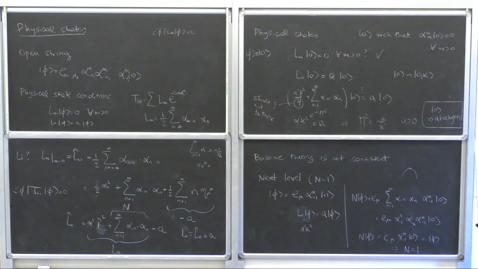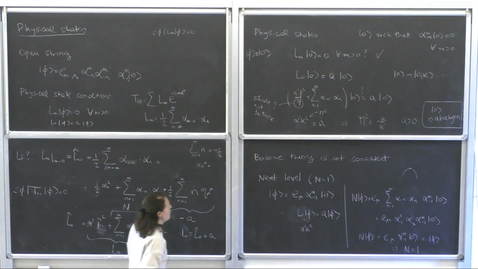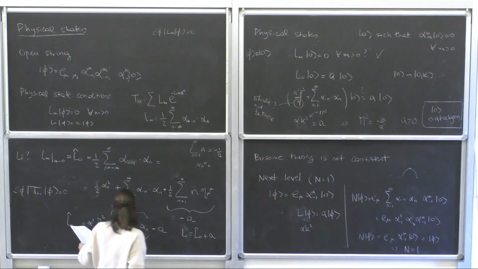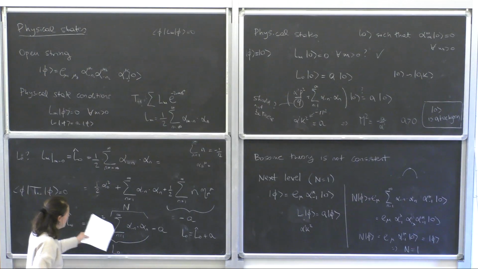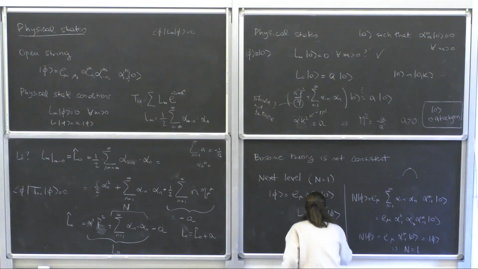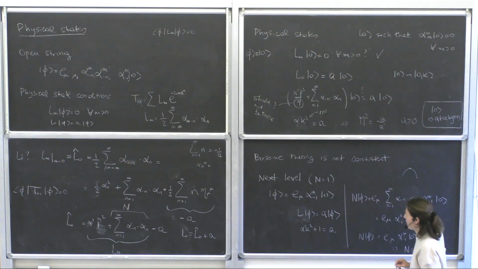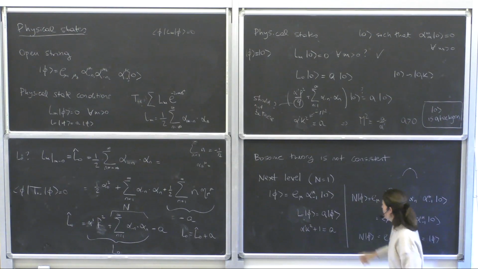So now if I go back here, L0 acting on phi is alpha prime k squared plus 1 equals A, right? That's my condition, L0 phi equals A phi.